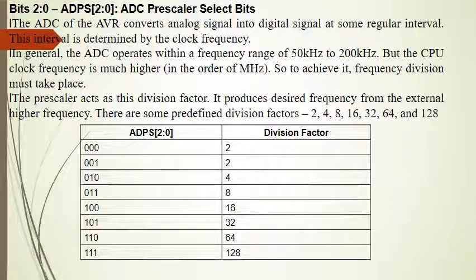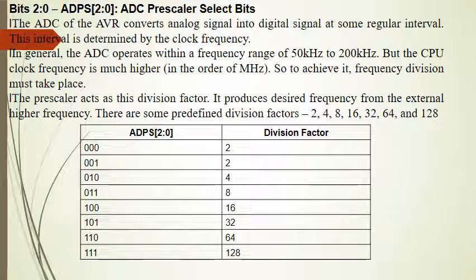Now coming to the last three bits of the ADC control and status register A. These bits are prescaler bits. First let us understand what this prescaler is and why it is needed. As we all know, the ADC converts an analog signal to a digital signal, and this conversion takes place at regular intervals.